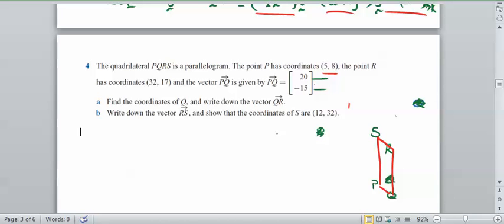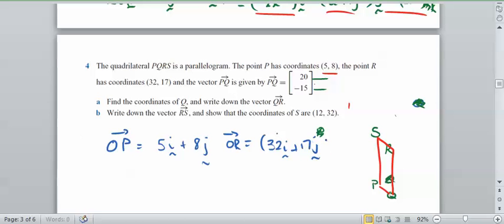Find the coordinates of Q, and write down the vector QR. Well, the coordinates of P, OP, is 5i plus 8j. The point R has a coordinate, so we can say that OR, let's write down what we've got, is 32i plus 17j.